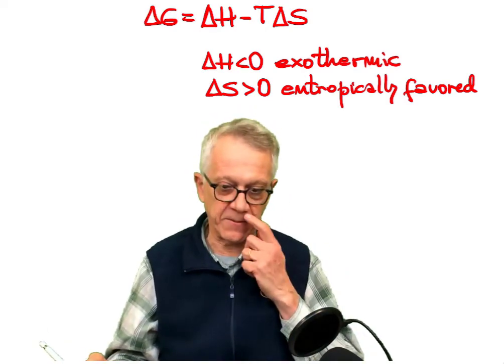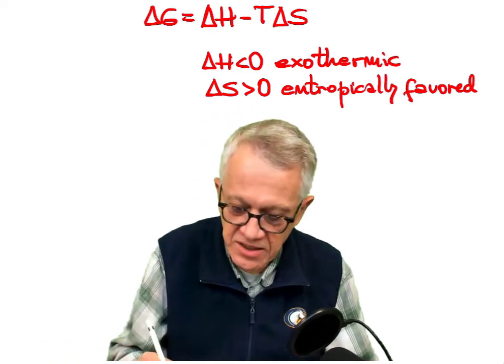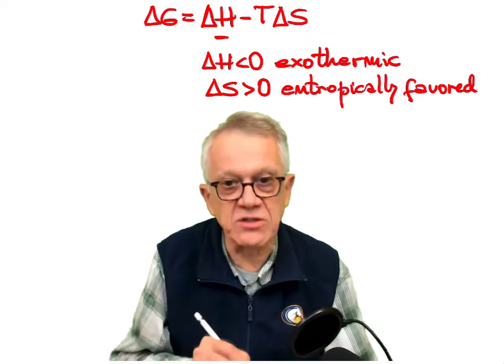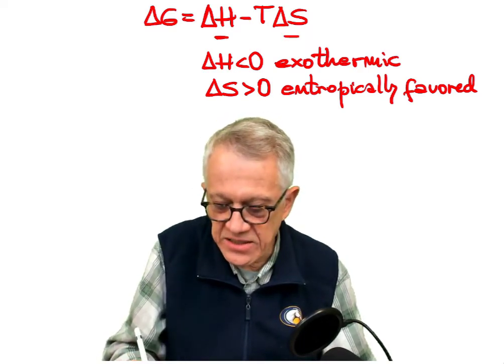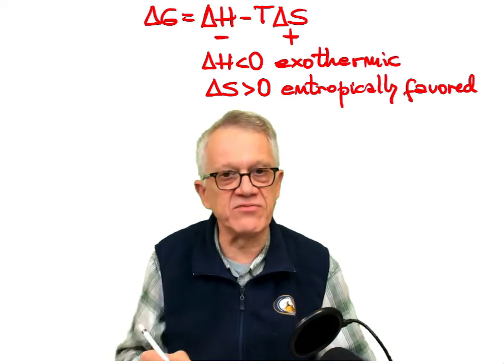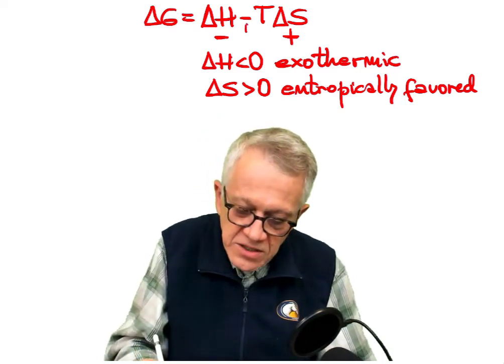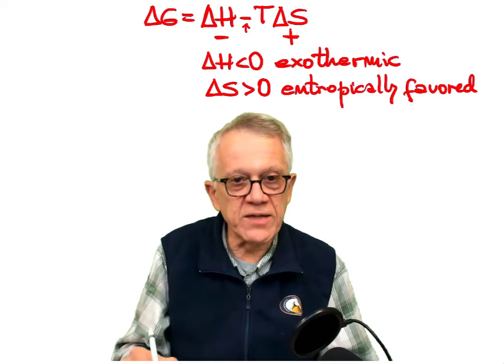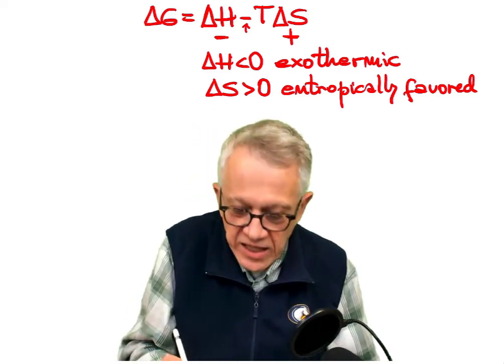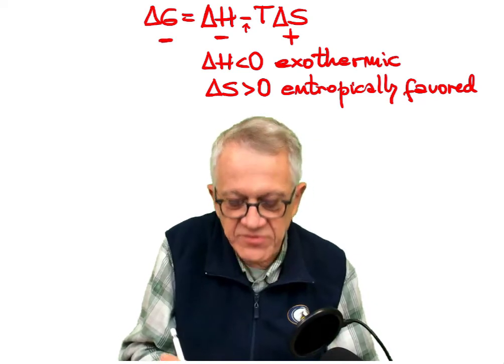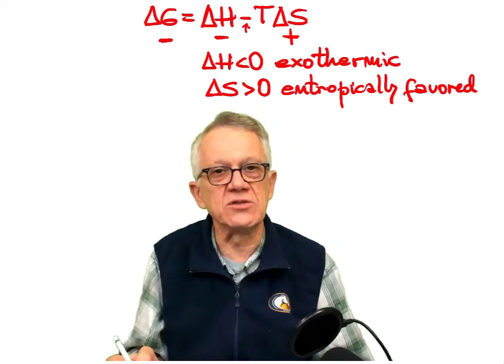So in that case, if delta H is smaller than 0 and delta S is larger than 0, a positive value, because of this, this whole term on the right is going to be negative, right? So there is no other way, regardless of the values, for delta G to be anything but negative.